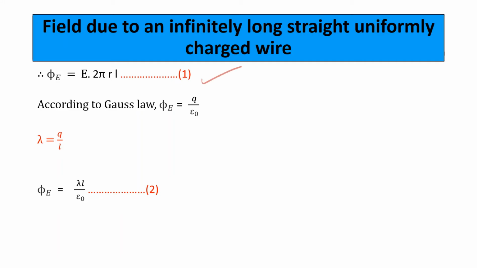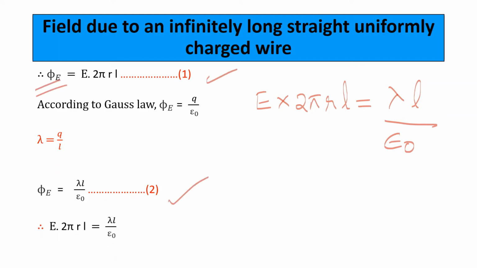You have two equations for phi E. Phi E is equal to E into 2 pi RL and phi E is equal to lambda L by epsilon naught. The first equation is the general equation and the second equation is as per the Gauss law. Equate these two equations, equation 1 and equation 2. LHS is the same. You can equate the RHS. Therefore, E into 2 pi RL is equal to lambda L by epsilon naught.